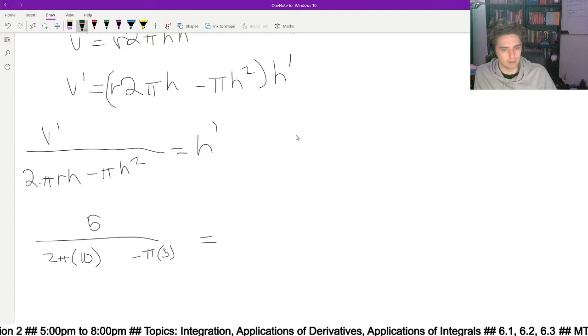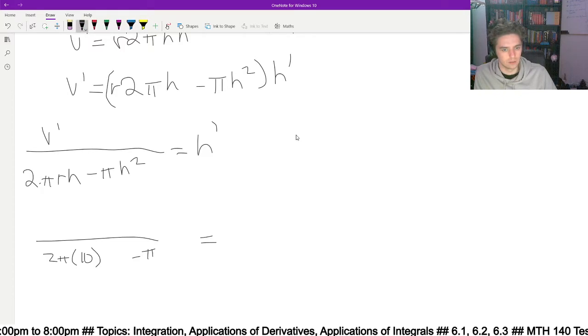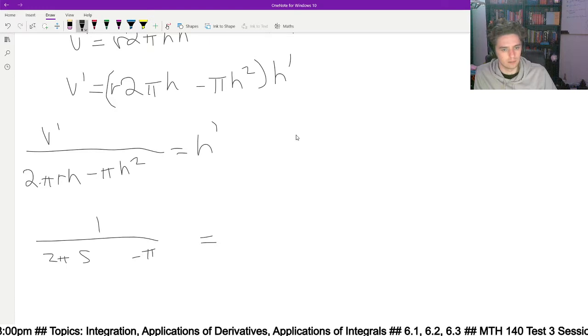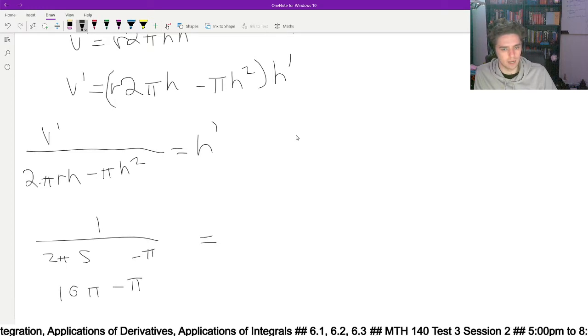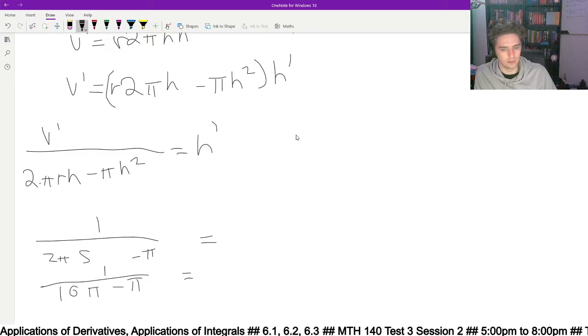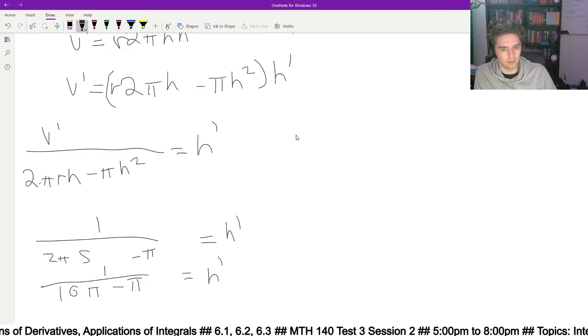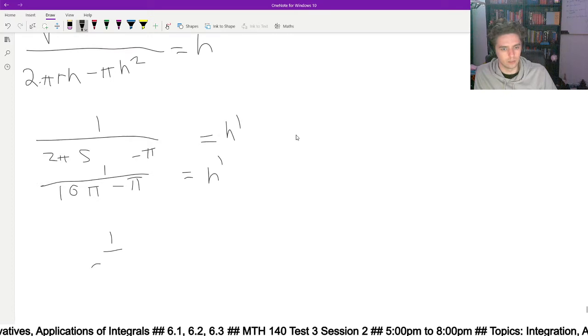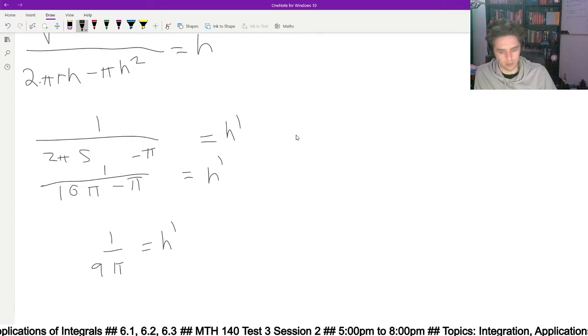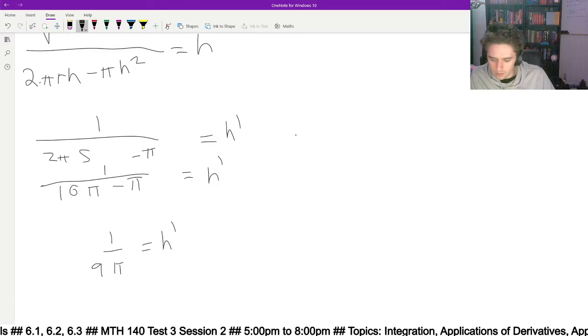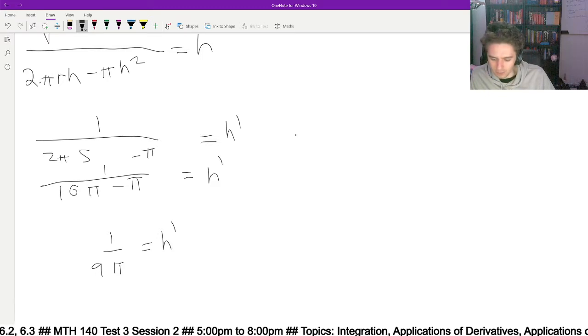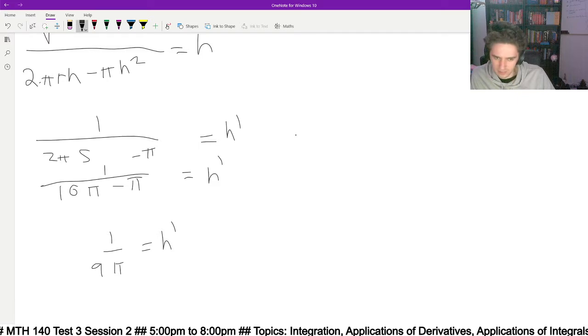I can take a 5 out of everything again. So it's 5 over 5 times (10 pi minus pi) equals h prime. So 1 over 9 pi equals h prime. Which is very close to what they have, but they have 1 over 3 pi. So I lost a 3 somewhere.